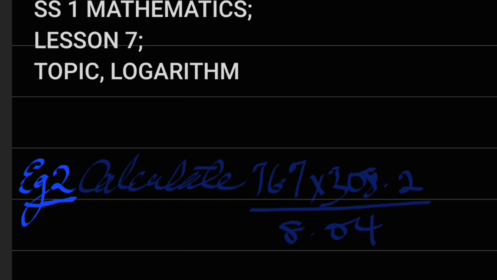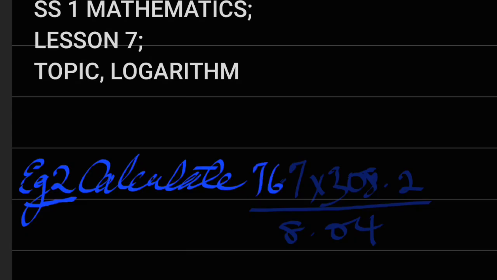So in lesson 7, we are going to have a question that has to do with division. Or rather, I may even combine multiplication and division together so that we can see it clearly. Here is the question.